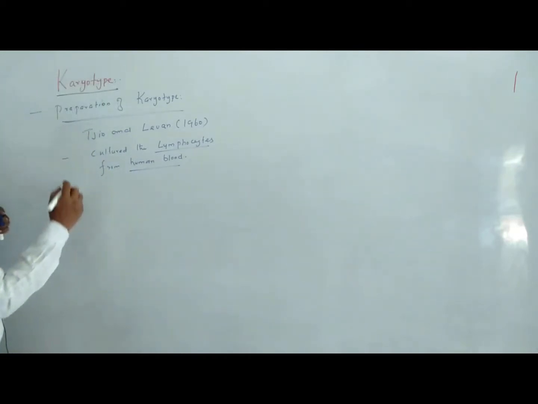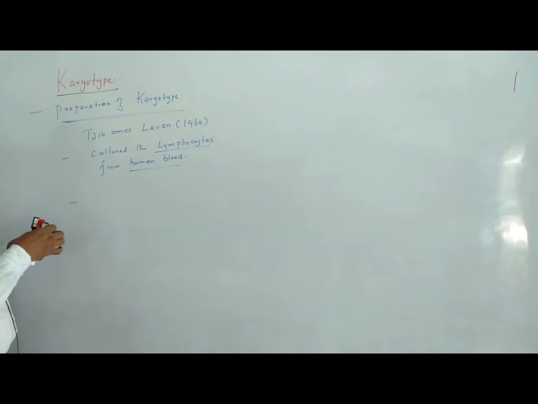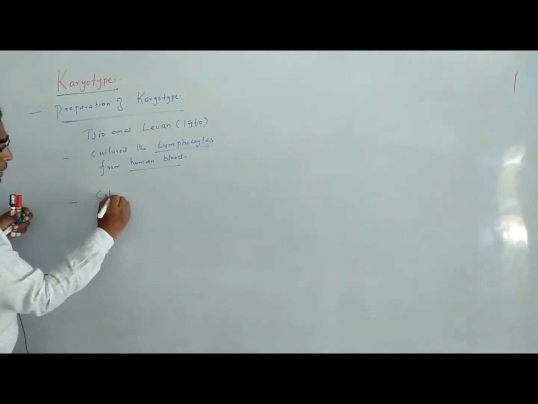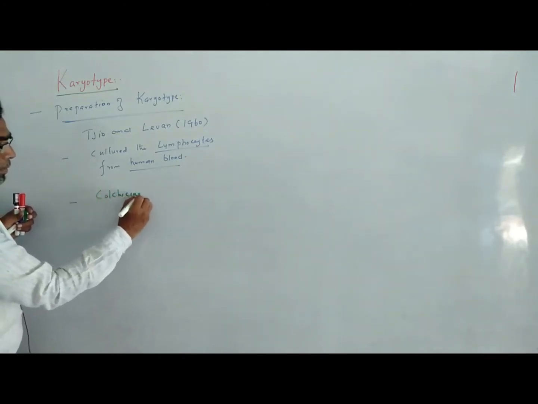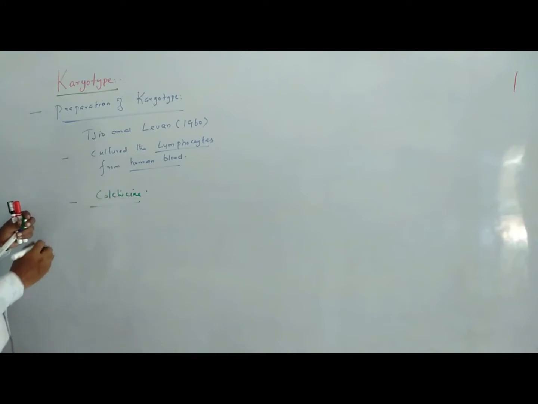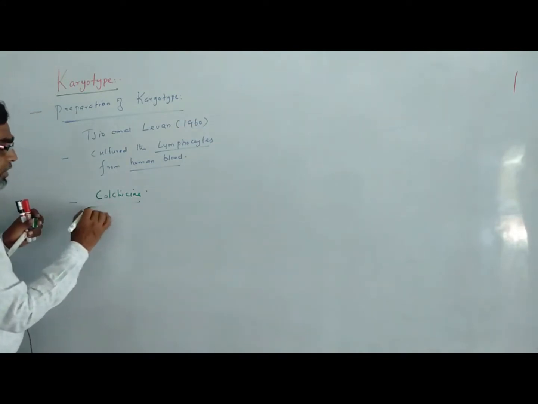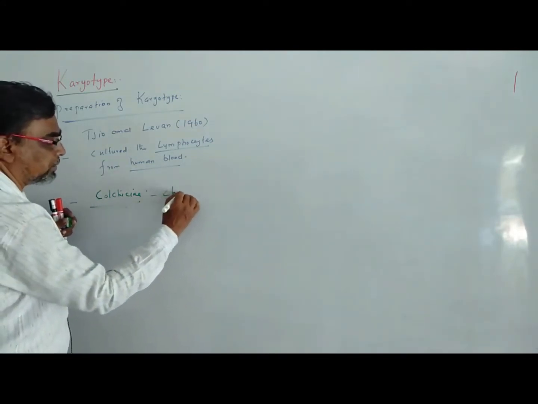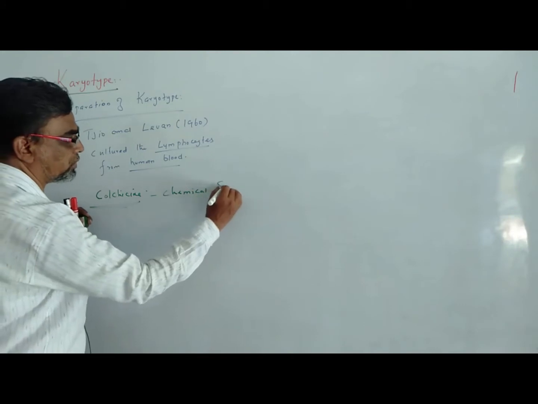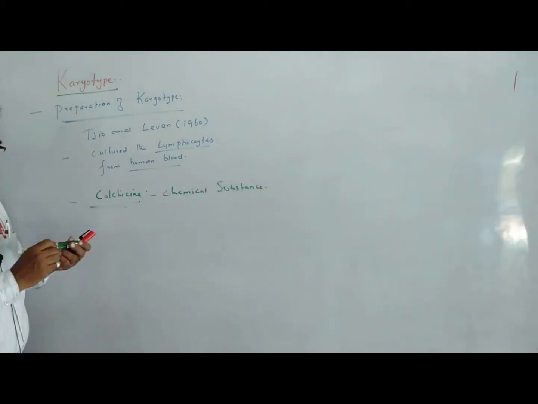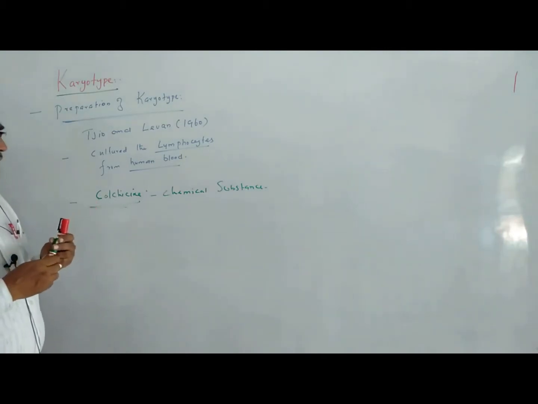For this method, for the karyotype process, we need a substance, more important, that is called colchicine. Colchicine is a chemical substance. This substance is used in this process.